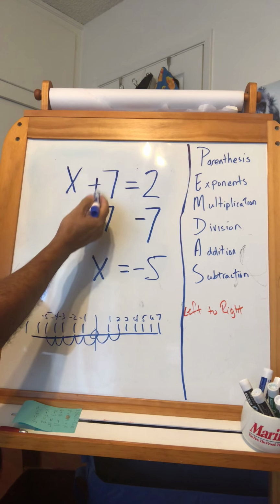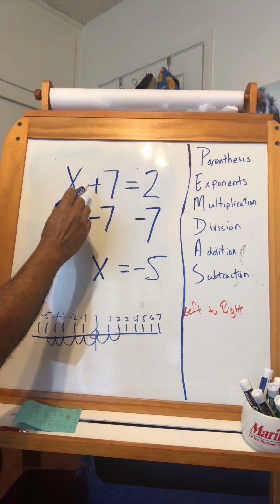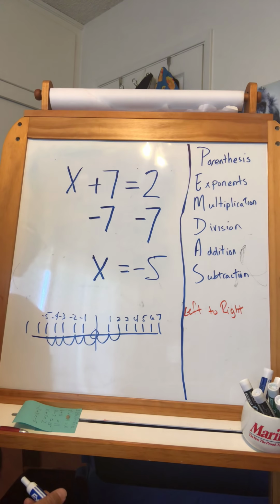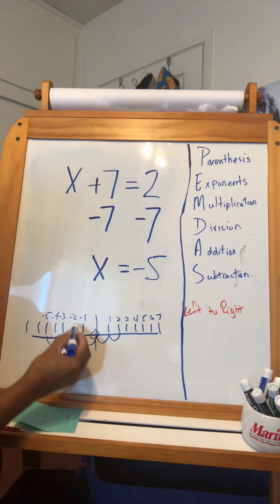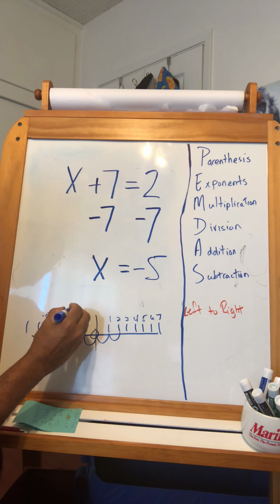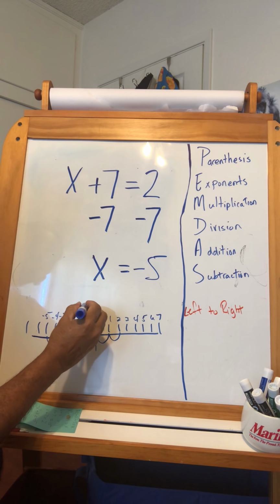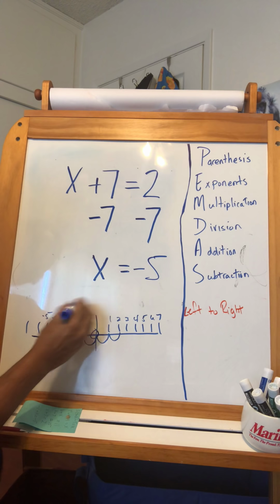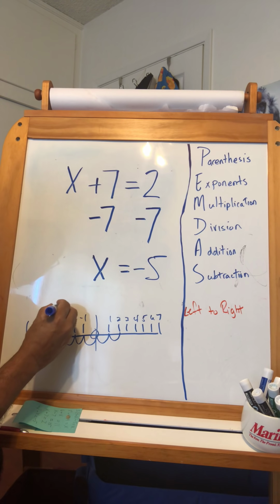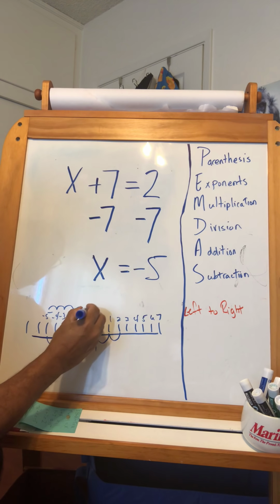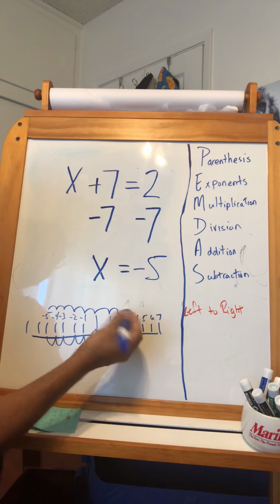Negative 5 plus 7, a positive 7, is 2. Right? Because there's negative 5, and now if I add 7, 1, 2, 3, 4, 5, 6, 7. And that's where I end up.